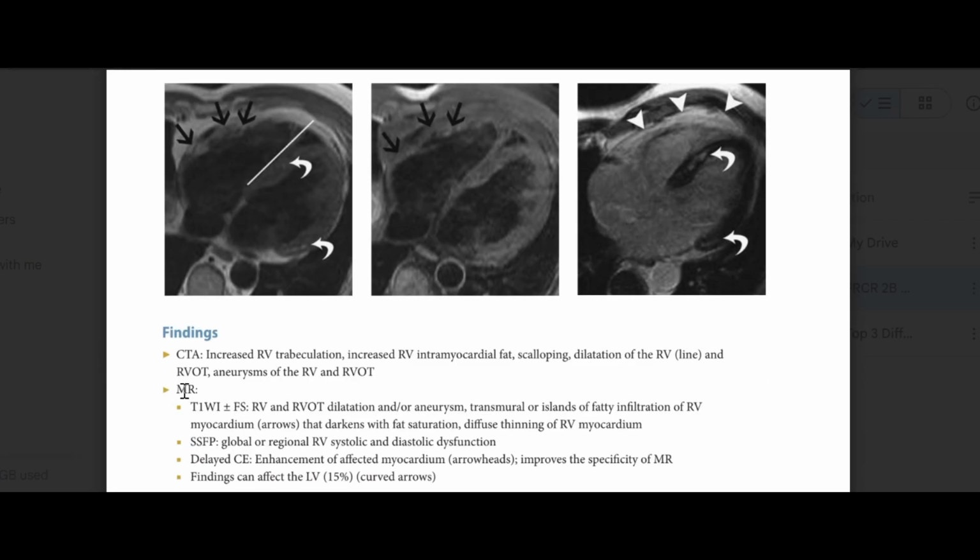On MRI, T1 weighted image with fat suppression. There will be right ventricular outflow tract dilatation.